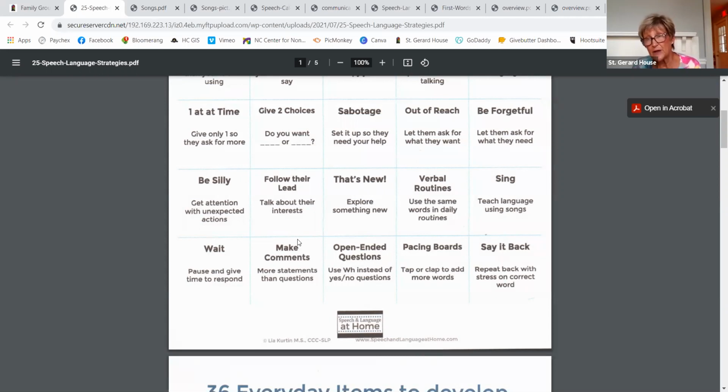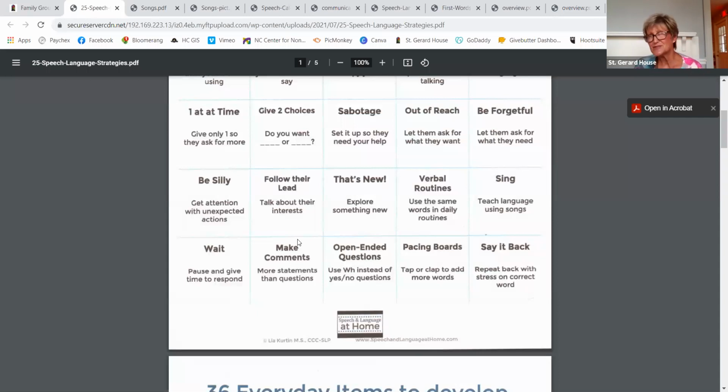It's kind of like if they want a bubble bath and the top on the bubbles is on too tight and they need your help to open those bubbles to pour them in the tub. Creating those social overtures for our kids, I think, is very, very important. And with bubbles, top off, open, pour, I see bubbles, there's a whole vocabulary that you can talk through with them on something like that.